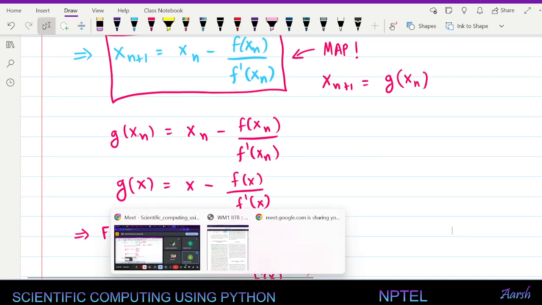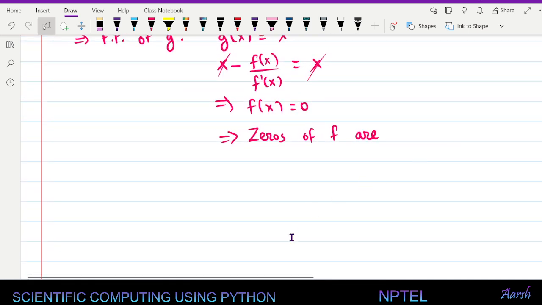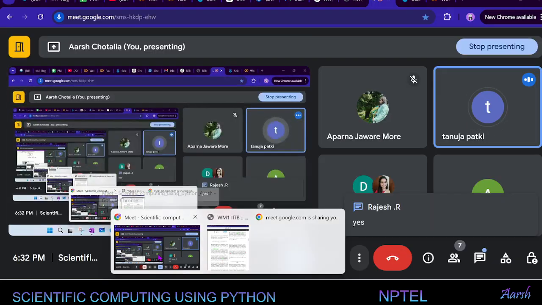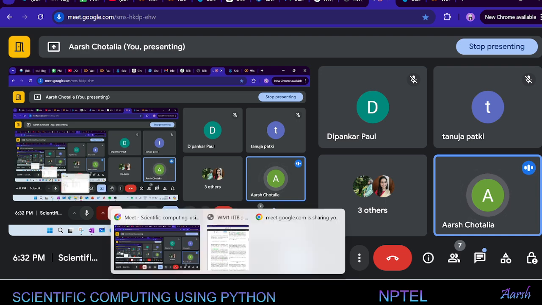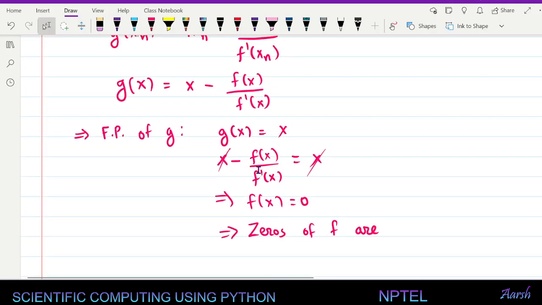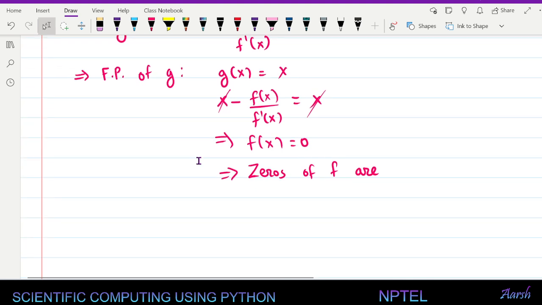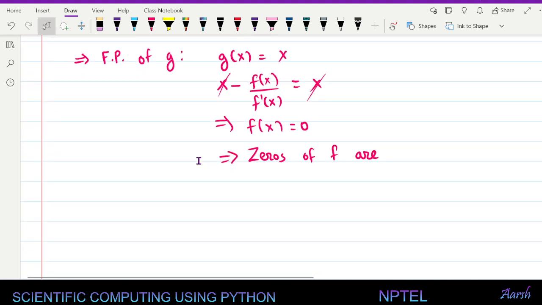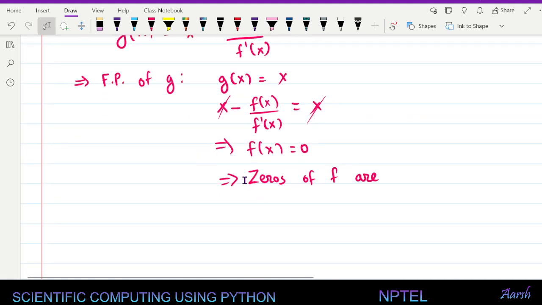Can you see the screen? No. What about others? It's visible for me. Yes, we can see. Maybe you can try to rejoin. Only your name icon is there, the screen is completely black. If others can see, then it's probably an issue from your end, maybe the internet. Others can see what I've written, right? Zeros of f, everything. Yeah.